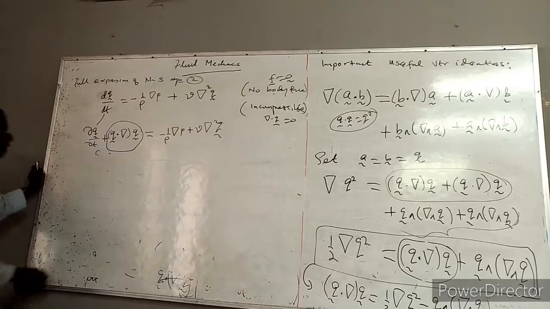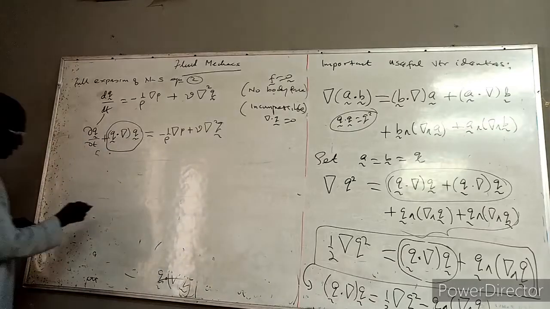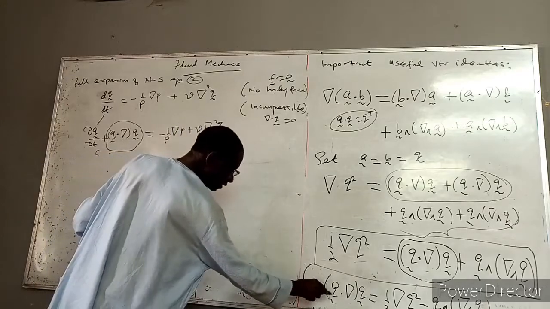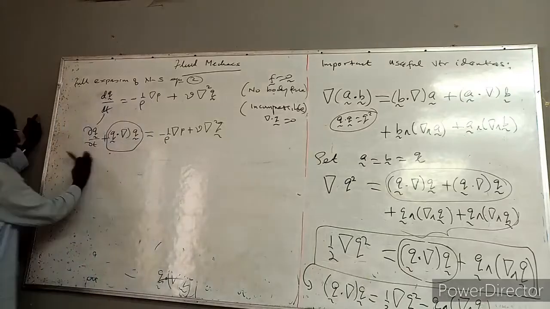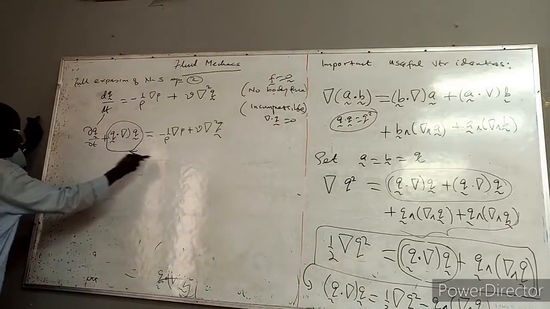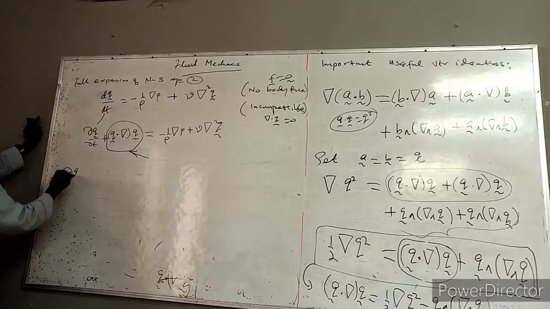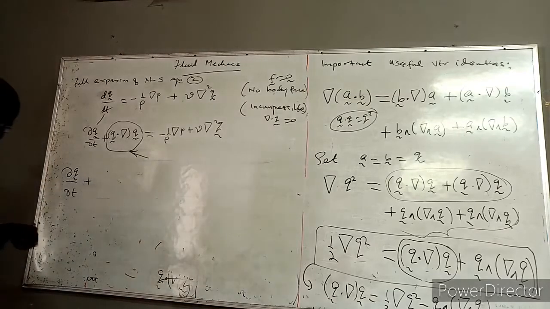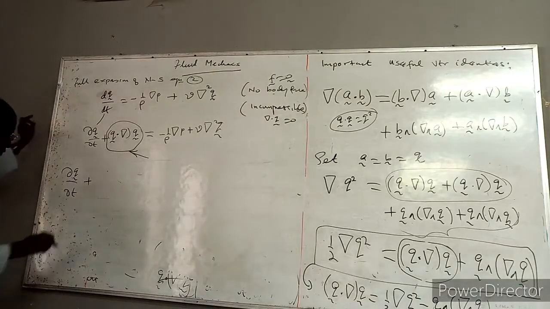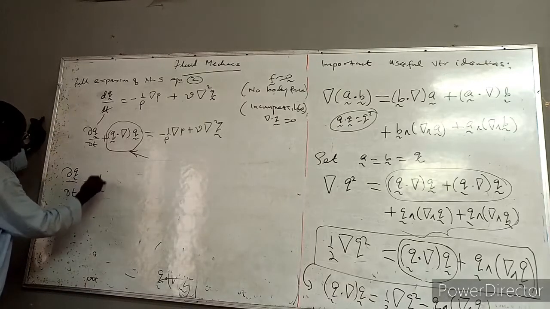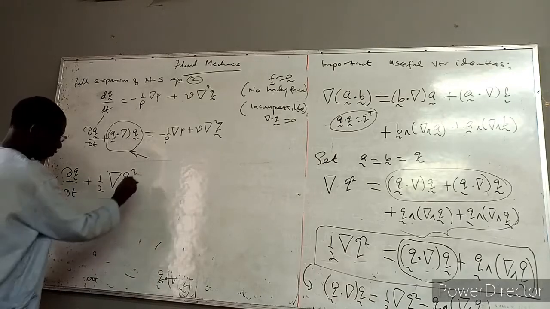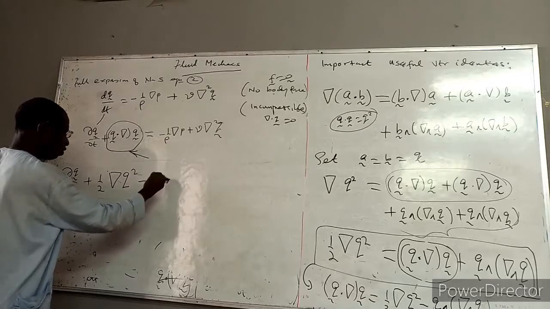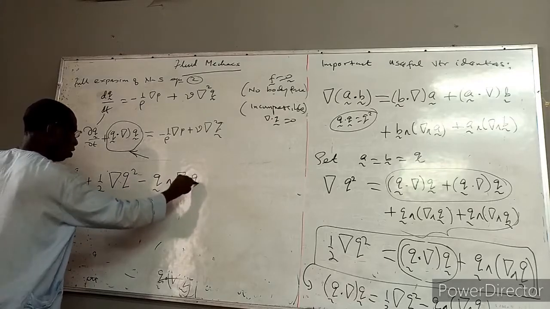So we can write this as dq dt plus half of del q squared minus q cross curl q.